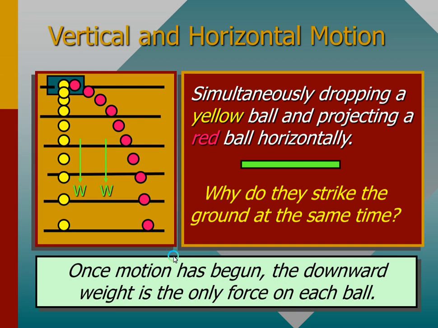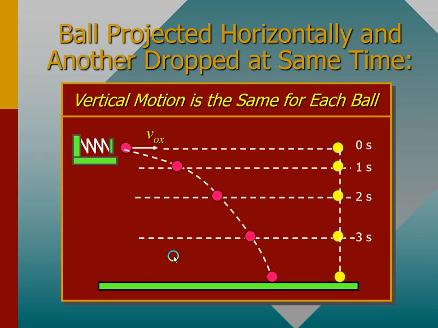Once motion has begun, the downward weight is the only force on the ball. So that is the only force acting on our ball. With one ball projected horizontally and another dropped at the same time, take note that at a specific given time, they cover the same vertical distance. So our projected ball has a vertical motion that is just free fall.